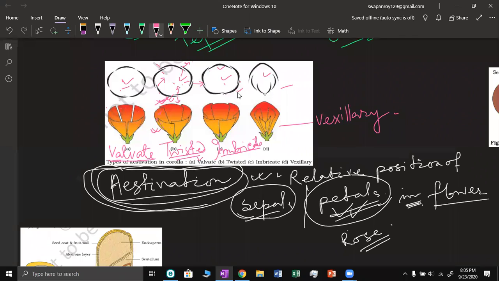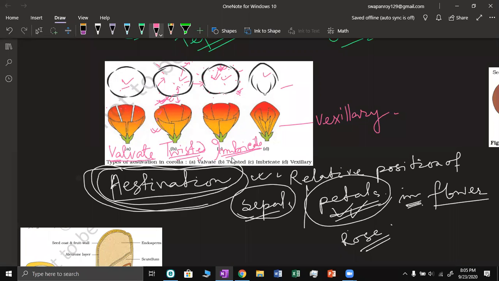And the other 3 are in a twisted fashion. Twisted fashion means one margin is covered, one is exposed. So in imbricate, one petal or sepal is completely inner and one is completely outer. The other 3 are in a twisted condition.